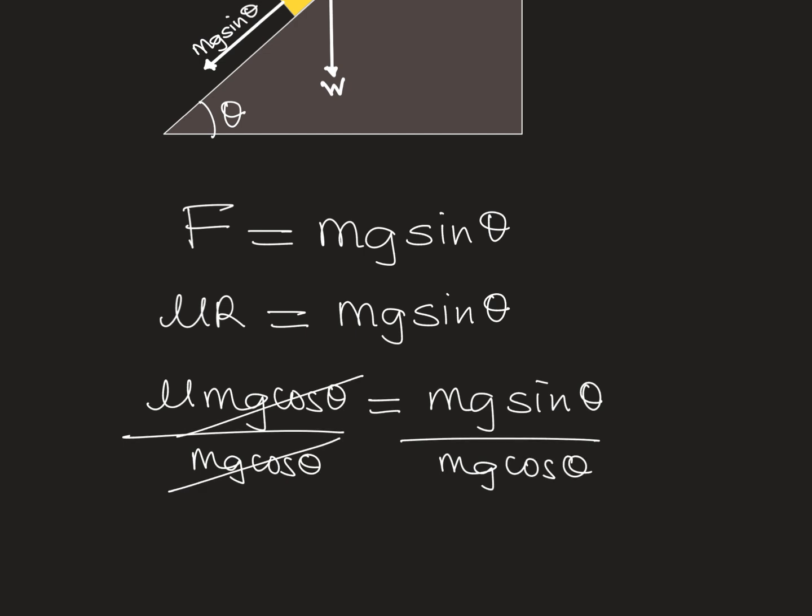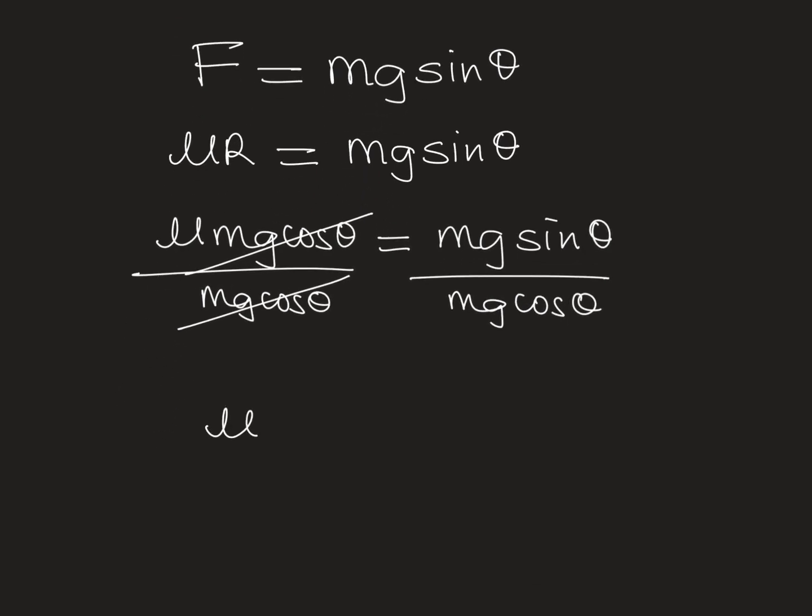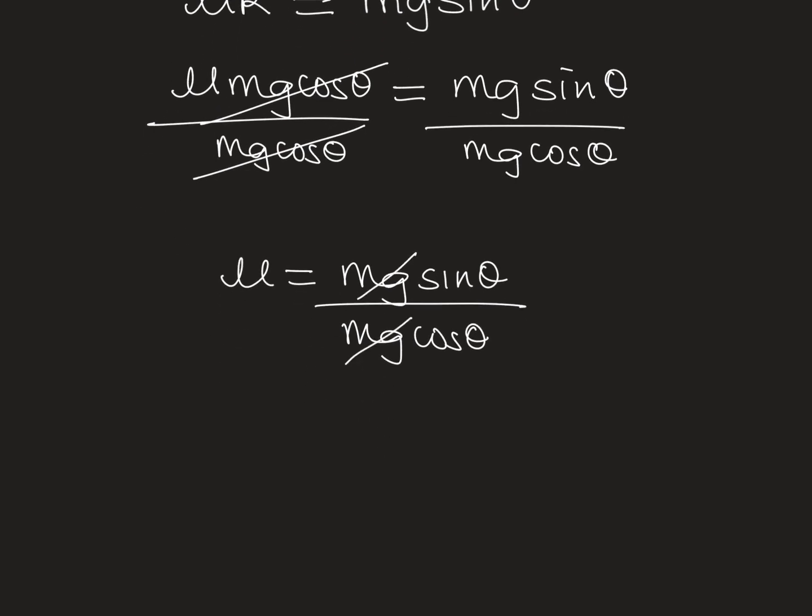So this will cancel this. That is mu is equal to mg sine theta all over mg cos theta. So mg can cancel mg. We will have mu is equal to sine theta over cos theta.